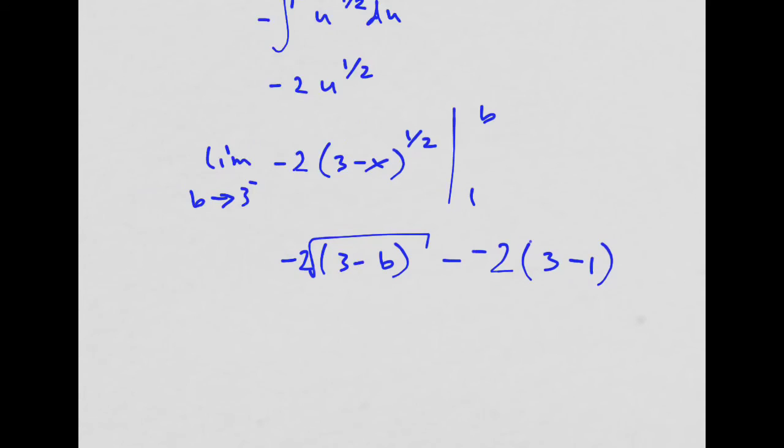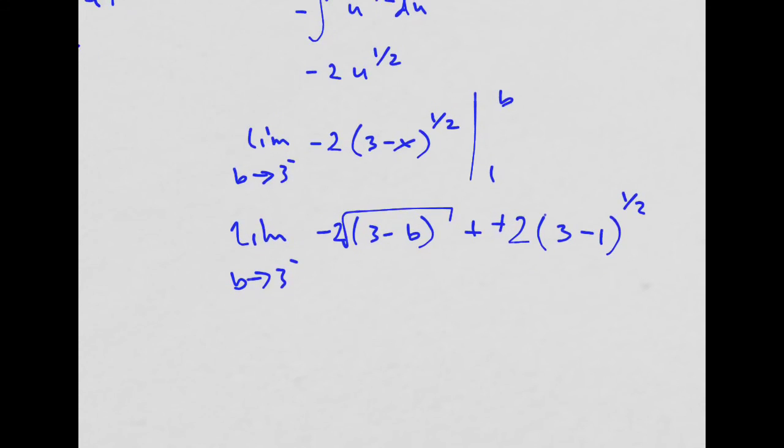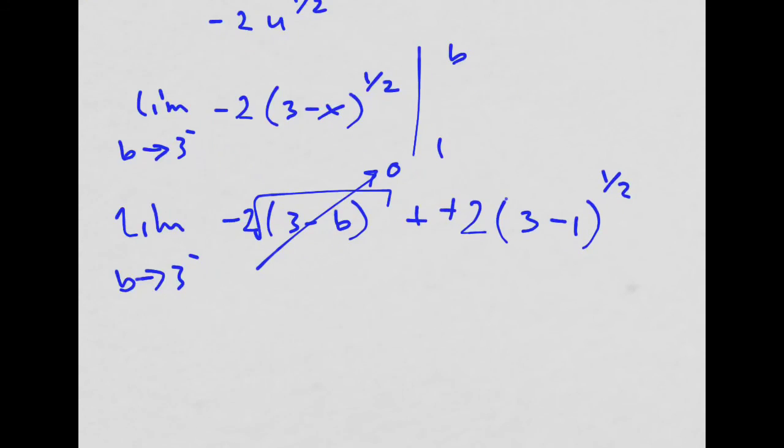We're taking the limit as b approaches 3 from the left. So what does this go to? What does the first part go to? Yeah, it goes to 0. So that goes away, and then our answer is just 2 root 2. I wrote it right.